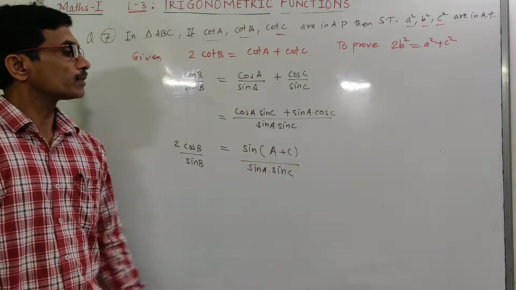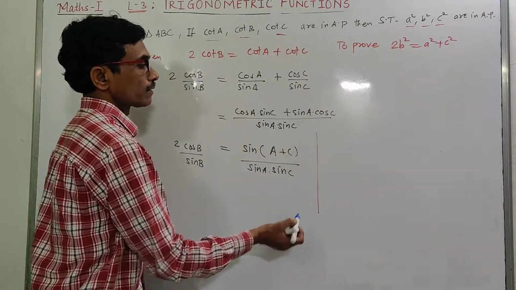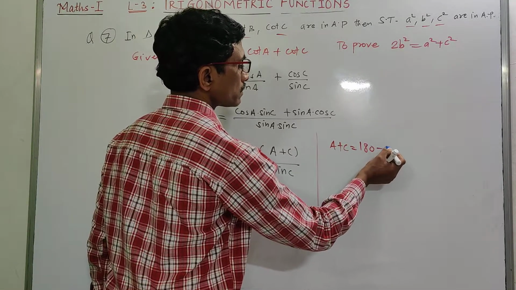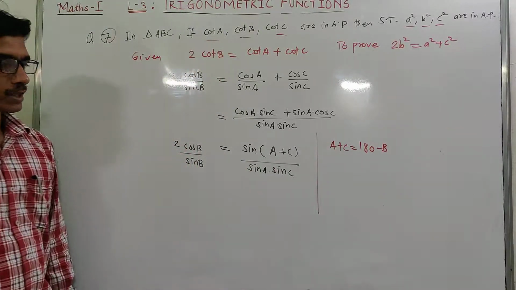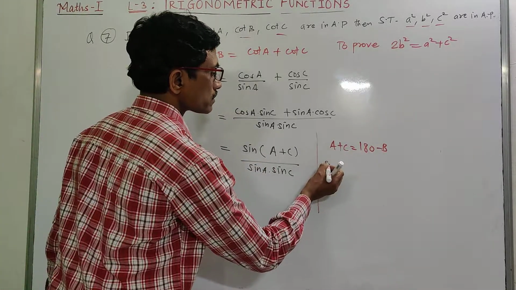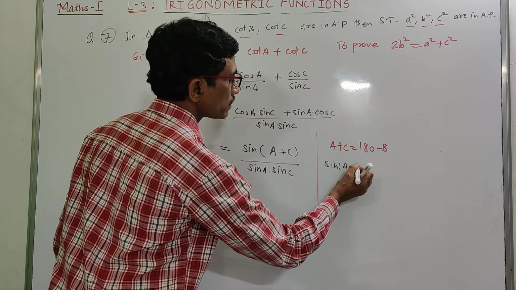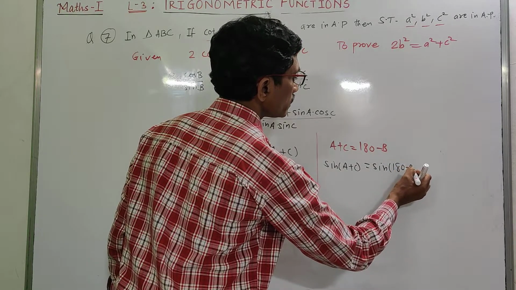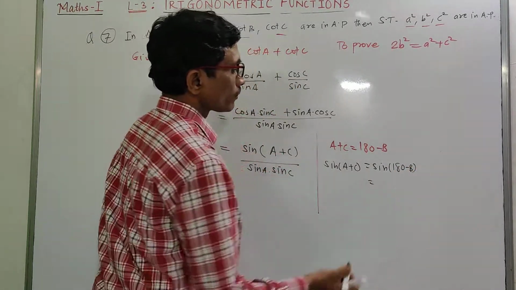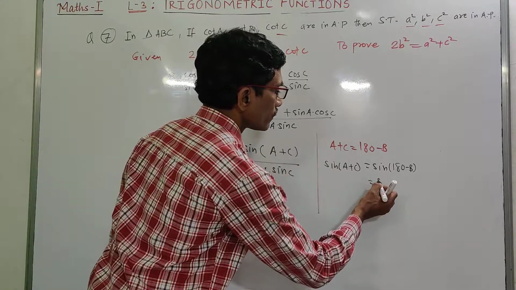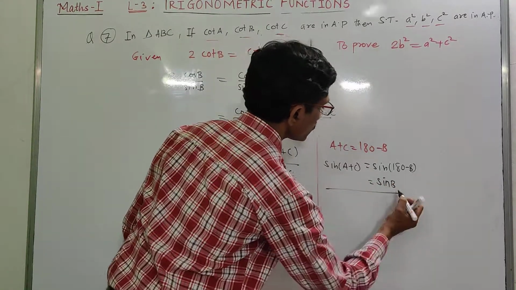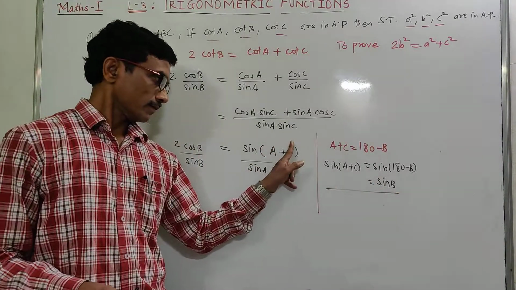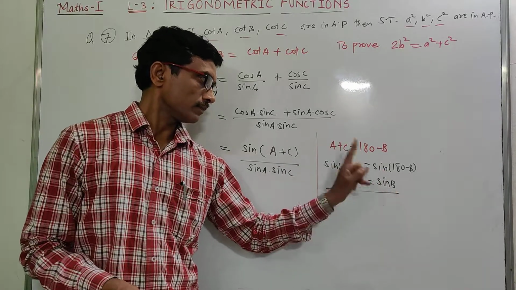Here sin of A plus C in triangle ABC, A plus C is equal to 180 minus B. So sin of A plus C we write sin of 180 minus B, and sin of pi minus theta is sin theta, so which is sin B. So in place of sin A plus C, we can write sin B. Why?